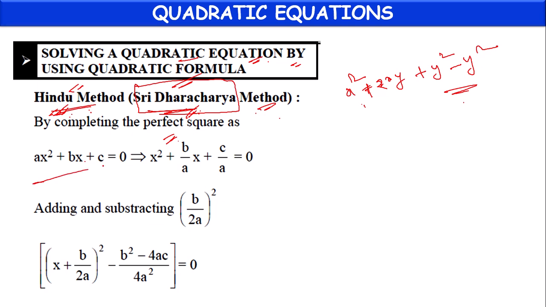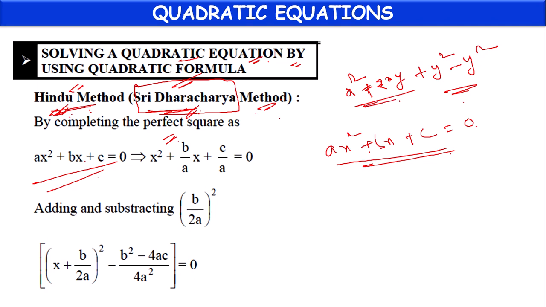Suppose we have the quadratic equation ax square plus bx plus c equal to 0. This is to be written in the form of x square plus 2xy.